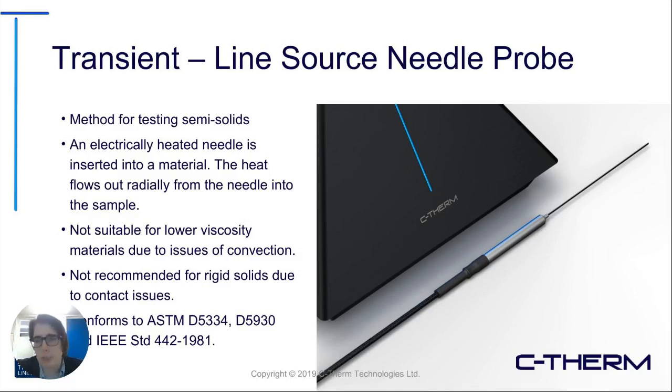And it's not recommended for rigid solids, due to the potential to damage the sensor when you try to insert it, and also due to thermal contact resistance issues. For rigid solids, we would recommend either the Modified Transient Plane Source or the Transient Plane Source, depending on the user's application. Transient line source conforms to a number of ASTM and IEEE standards, as you can see on the slide here.